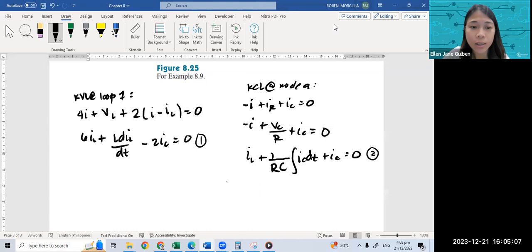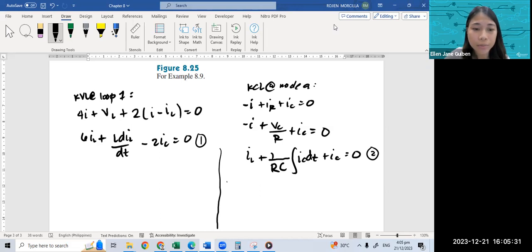You can actually substitute IC from here so that we can get an IL equation, or we can substitute the IL from here and we can get an IC equation. Or maybe we can do both. We can try both. Okay, let's try this side here.